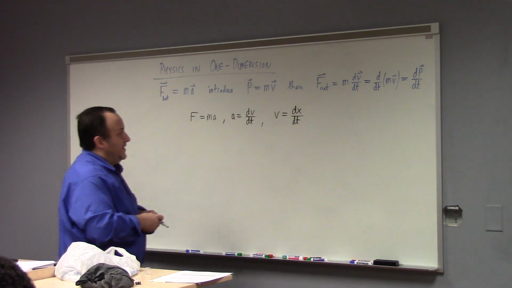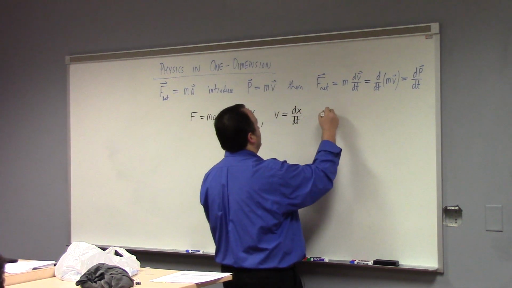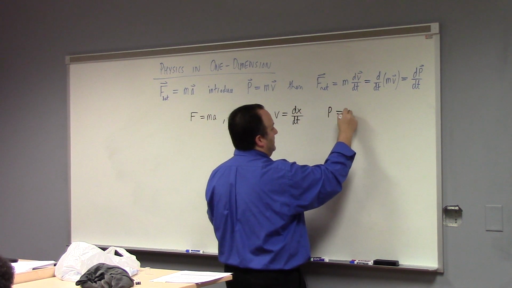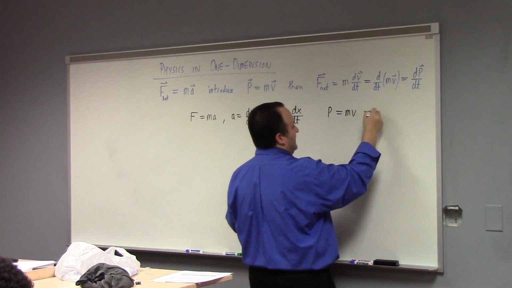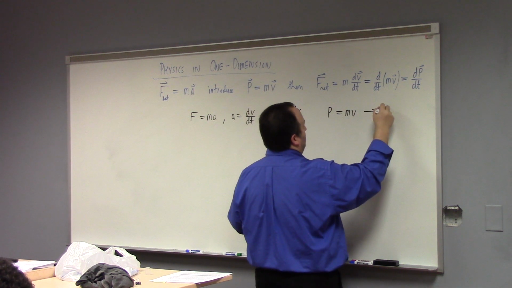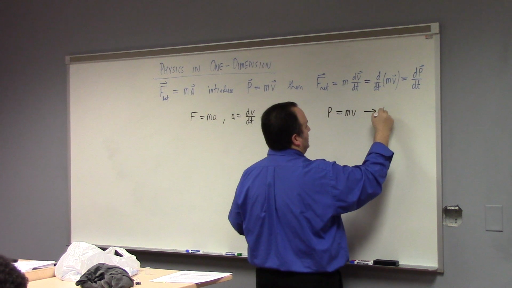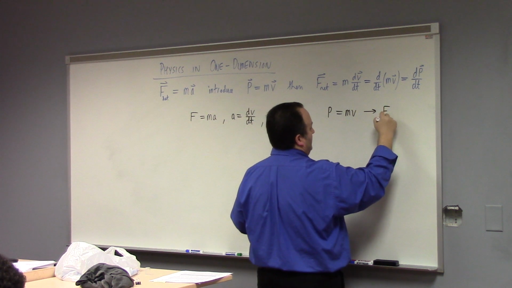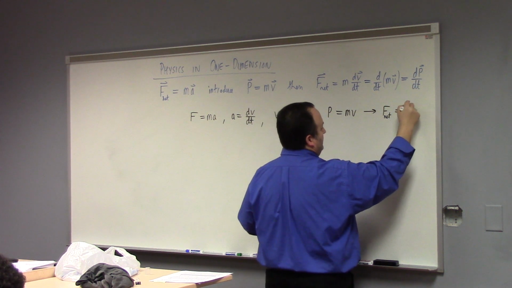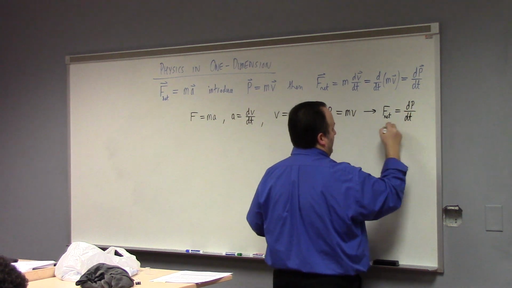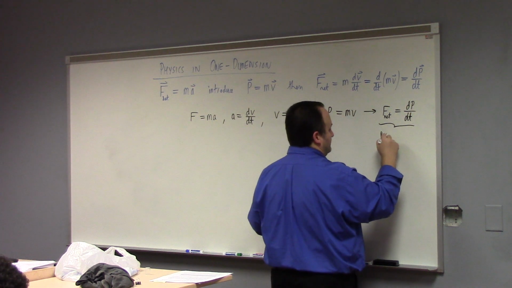We can still talk about momentum. Likewise, the momentum is mv, and you can still say that Newton's law, actually, the net force is equal to dp/dt. This is still actually Newton's second law.